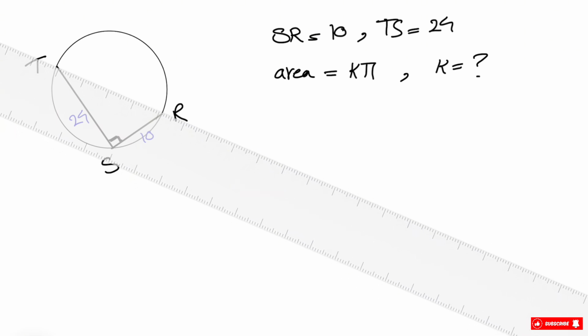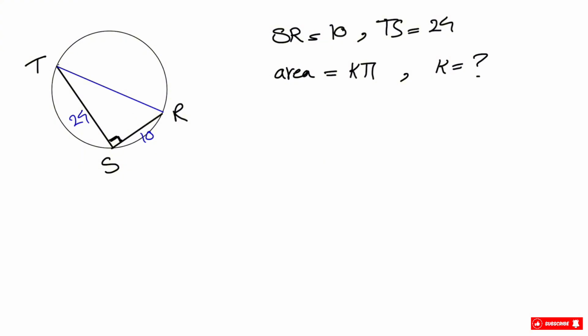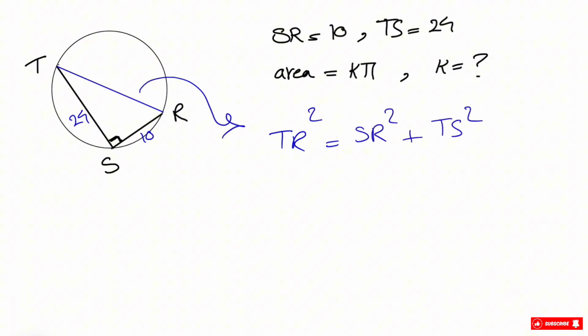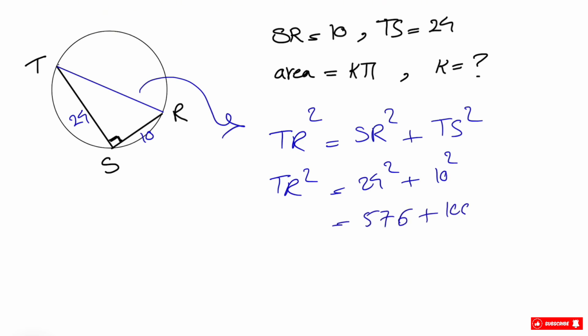So if we connect these two, now we have a right triangle where the Pythagorean theorem works. And if we want to find TR from the Pythagorean theorem, we know that TR squared will be equal to SR squared plus TS squared, which means if we want to find TR squared, we will have 24 squared plus 10 squared, and this will be 576, and this will be 100.